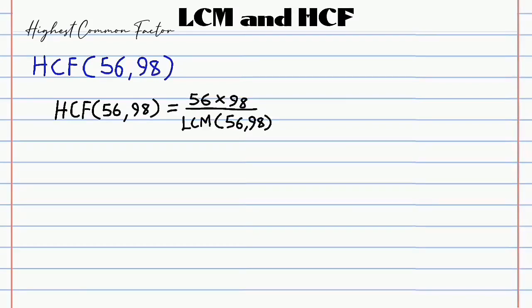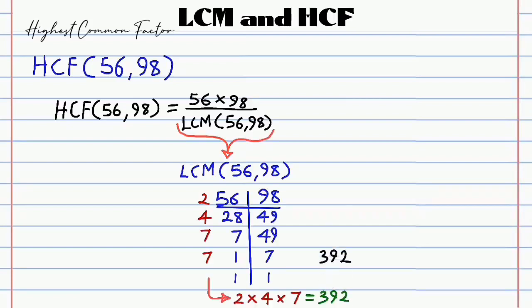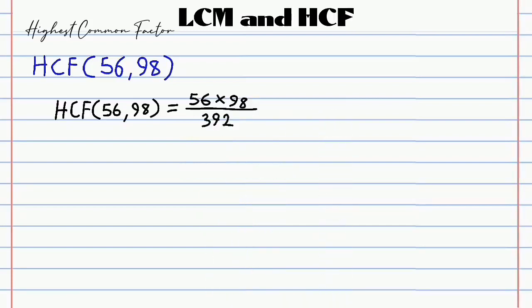We don't know the LCM, so we have to find it by using the LCM ladder method we've been using, and boom, 392. So we're going to multiply 56 and 98 to get 5488. 5488 divided by 392 is equal to 14. So 14 is the HCF of 56 and 98.